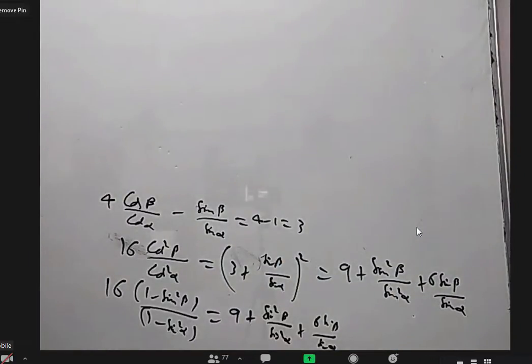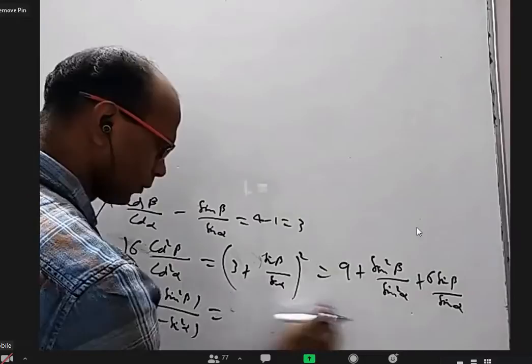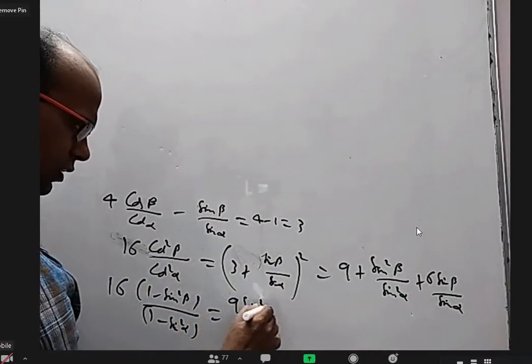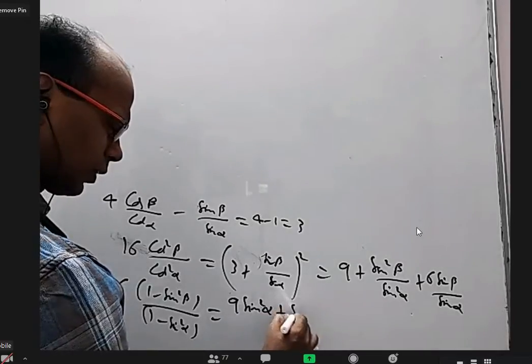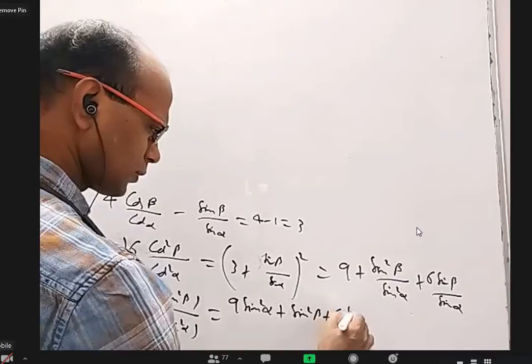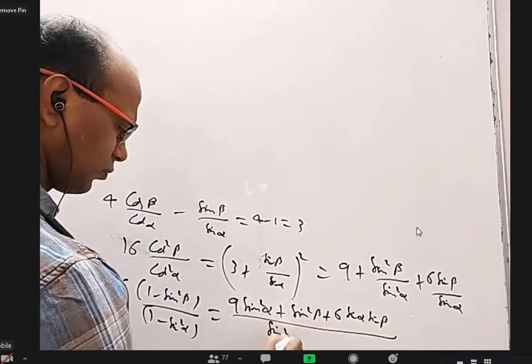Okay, let me expand this fully maybe. If I take LCM, I'll get 9 sin square alpha plus sin square beta plus 6 sin alpha sin beta, whole by sin square alpha.